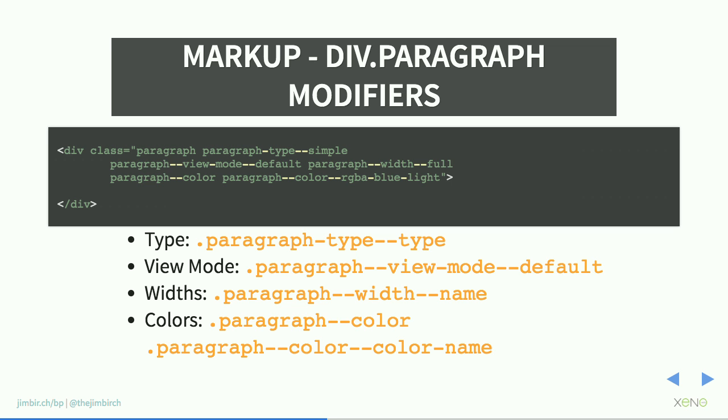The width name gets applied here. So paragraph width full, paragraph width tiny. And then the color, paragraph color, and then paragraph color, color name gets applied here. We apply the color because we add a little extra padding if you have a color in there, and then the color name actually adds the color.